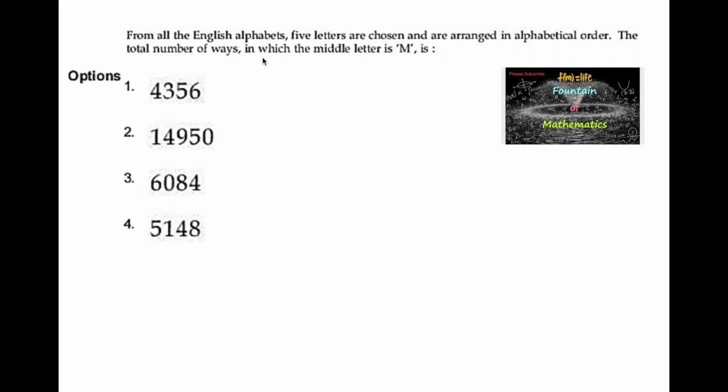From all the English alphabets, 5 letters are chosen and are arranged in alphabetical order. The total number of ways in which the middle letter is M. So we know that there are 26 alphabets, A, B, C and so on, M, N and so on up to Z. So M is the 13th letter.